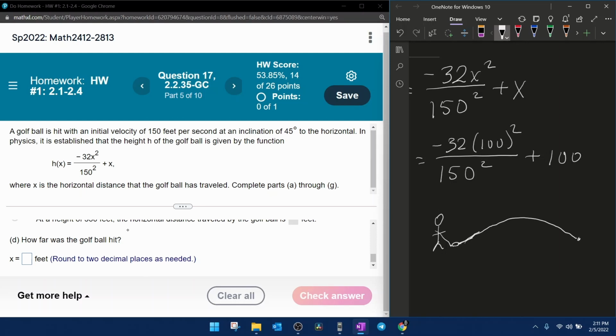And the total distance that golf ball has traveled is going to represent the distance from when I hit it to when it hits the ground. So we know that the height is going to be 0 when it has traveled as far as it's going to go. So how far was the golf ball hit? Well, I'm going to need to replace h of x with 0 and then solve for x. And that's going to take a little bit of work.